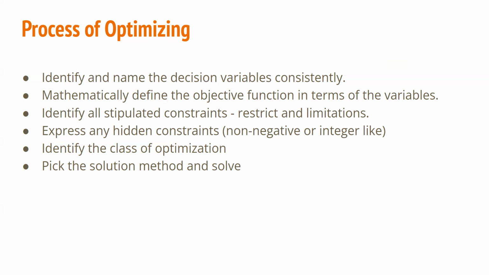The next step will be to identify the given constraints, meaning the restrictions or limitations imposed by nature or the user for your given problem. You have to identify those constraints properly. Most of the time, if you read any linear programming problem, you will find that you have to write constraints in the form of inequalities, but there will also be equality constraints.